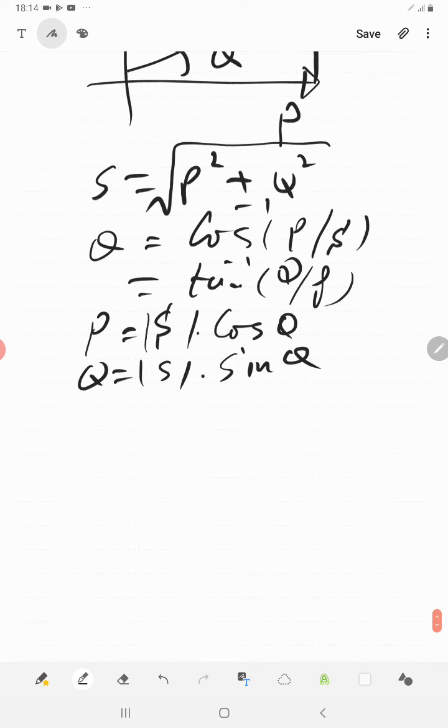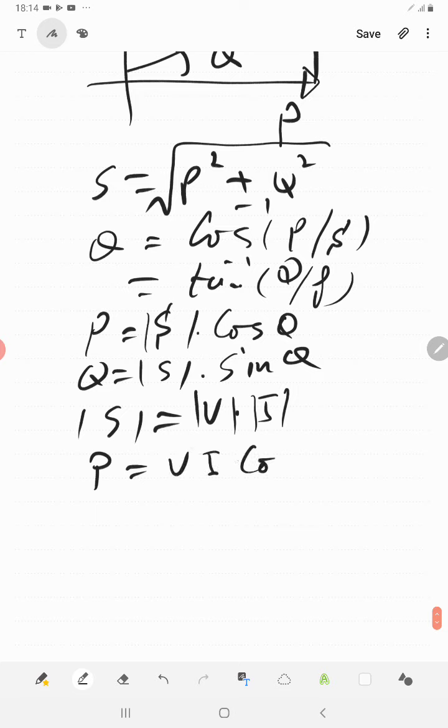Hence, absolute S equals V times I absolute. So P equals VI cosine theta, and Q equals VI sine theta, of course, absolute.